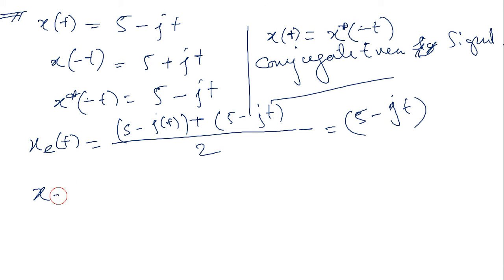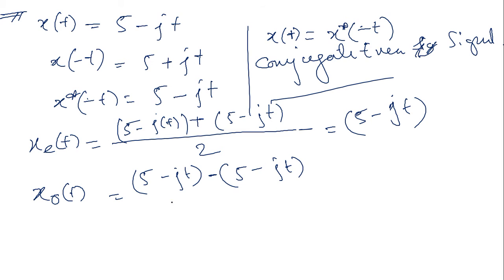And if I estimate the odd part of x of t, then it is 5 minus jt minus (5 minus jt), so both are balanced, and 0 divided by 2 is equal to 0. As this is an even signal, a complex even signal, only the even part is valid and the odd part is 0.